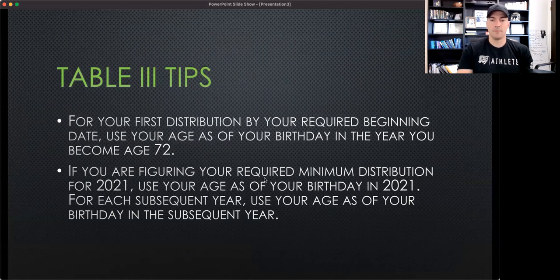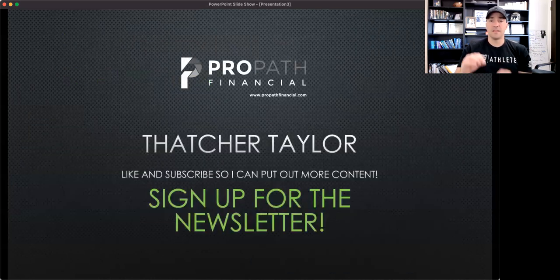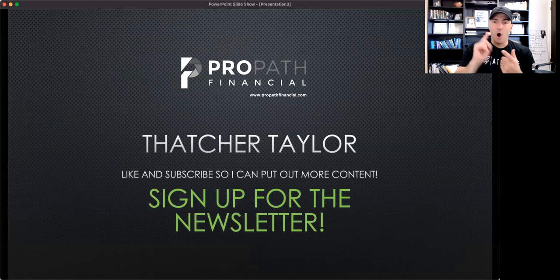If you're figuring your required minimum distribution for 2021, use your age as of your birthday in 2021. For each subsequent year, use your age as of your birthday in that subsequent year. That's kind of a mouthful, but pretty simple, just use your birthday in the year that you become age 72.